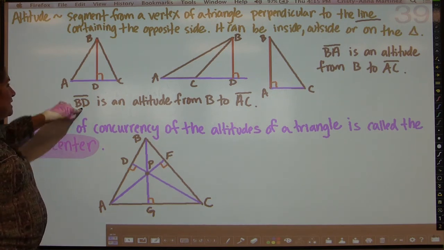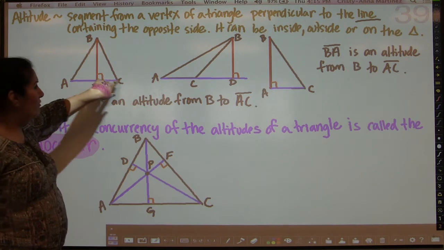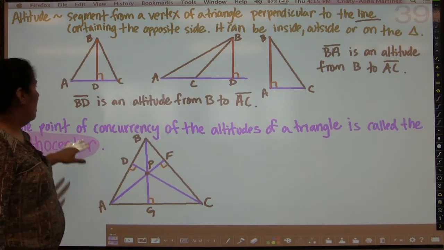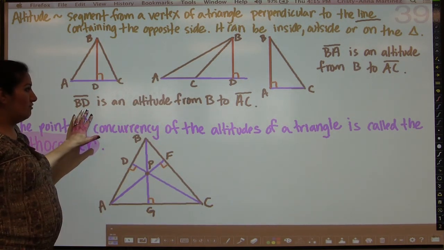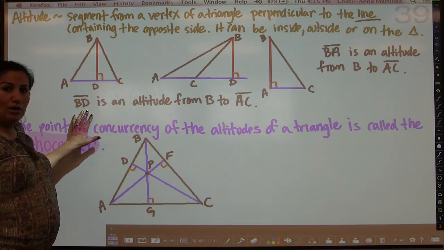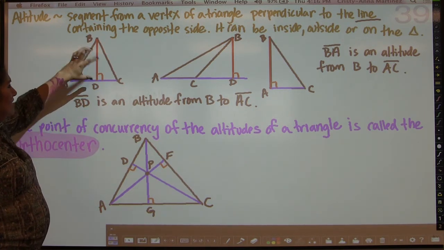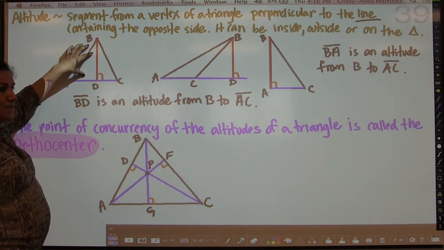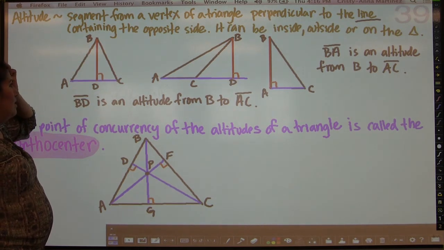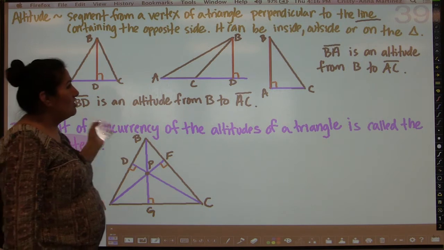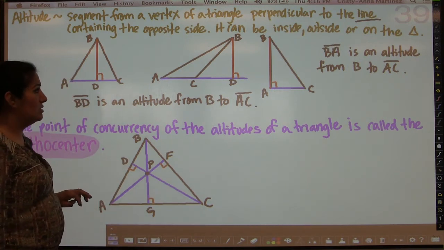So BD right here, and in the first two diagrams it's BD. BD is an altitude from B to AC. Every triangle has 3 altitudes. Just think of it as, what if I rotated the triangle and made the other side the base? Then that would be the height. So every triangle has 3 altitudes.